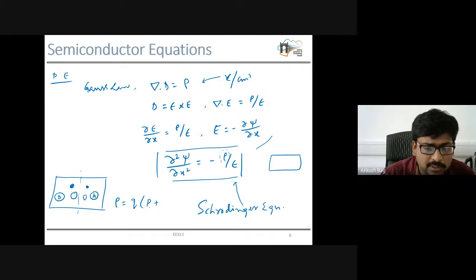P is the positive charge, the hole, and the donor ions, after donating an electron, become positively charged. Then we have negative electrons and negatively charged acceptor ions, Na minus. If we plug this rho into the equation, you will get the relationship between the charge density and the electric field or the potential developed within the semiconductor.